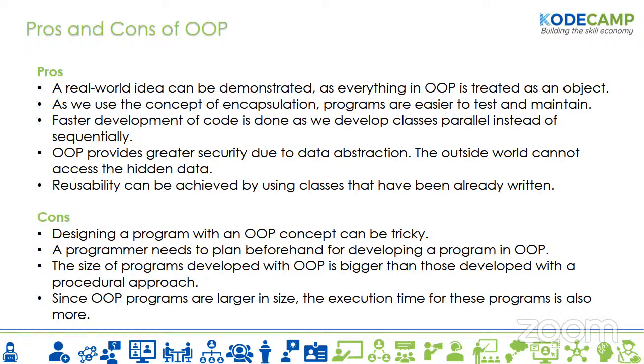The next is when you use the concept of encapsulation, programs are easier to test and maintain, okay? They're easier to test and maintain. And as we saw when we were working with encapsulation, the first takeaway of encapsulation was binding the properties, which could be the data, the attributes, and the methods, binding them together into an entity.